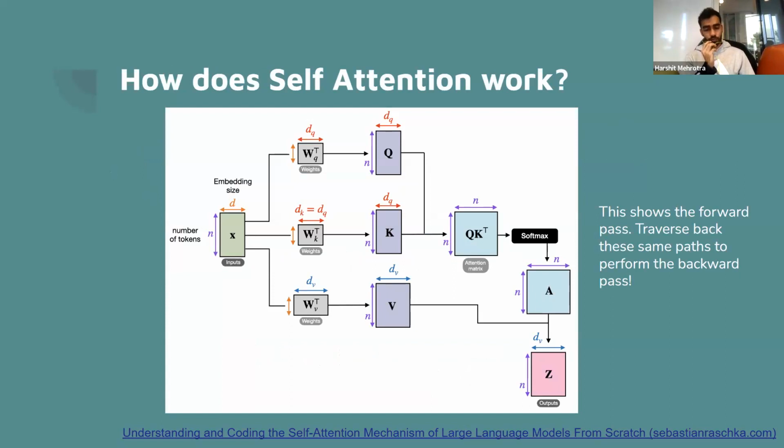First of all, you will compute attention weights by taking the dot product of each query with each key using the matrix multiplication QK transpose. At this point, each row is one token, and each row, say the ith row, has n weights, which tell you how much the ith token should pay attention to any other token in the input sequence.